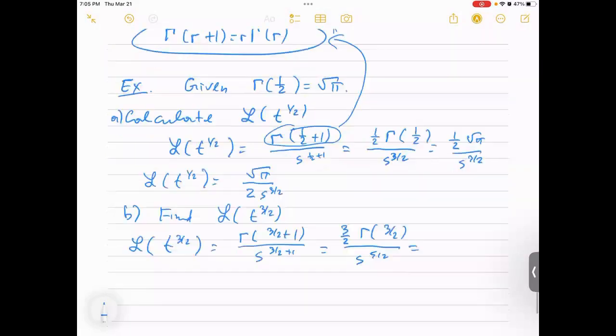The gamma function of 3/2 is going to be 1/2 plus 1, so we get 3/2 times 1/2 times the gamma function of 1/2, divided by s to 5/2.